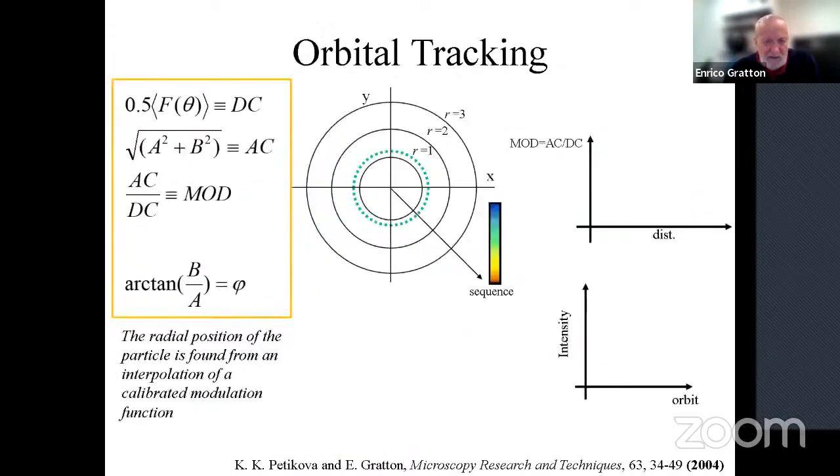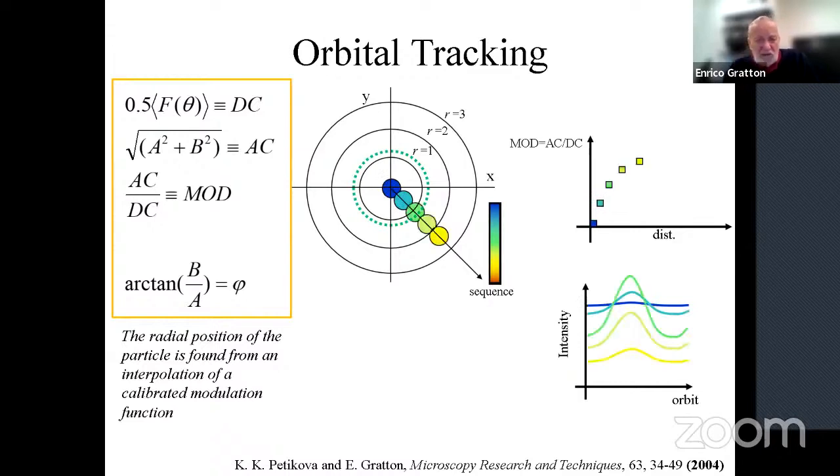Next slide. So when we do orbital tracking, we take an orbit, the particle is in an orbit, and then we will see here, let us see, can I get the next slide?